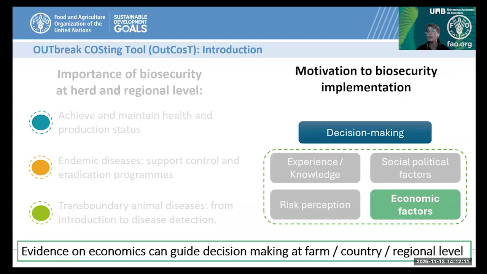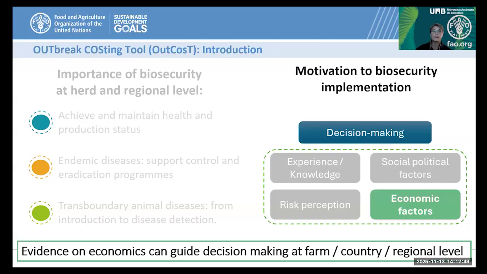Such economic considerations can guide decision making, not only at farm level, but also at regional level. And the availability of evidence on the economic consequences of disease can ensure the effectiveness of communication toward farmers and the private sector on the importance of prevention, as well as, at the level of risk management, encourage the authorities to invest in prevention.